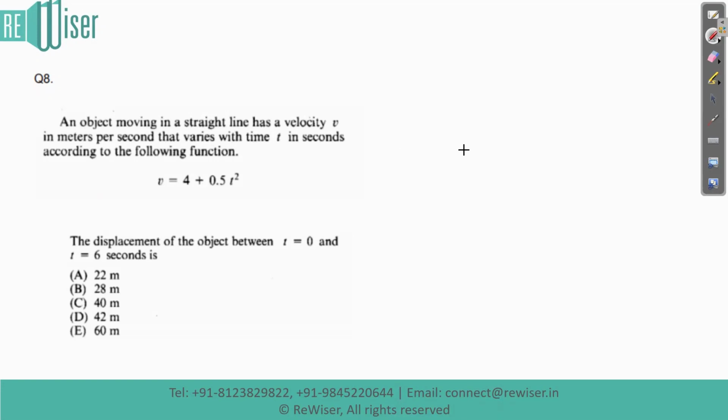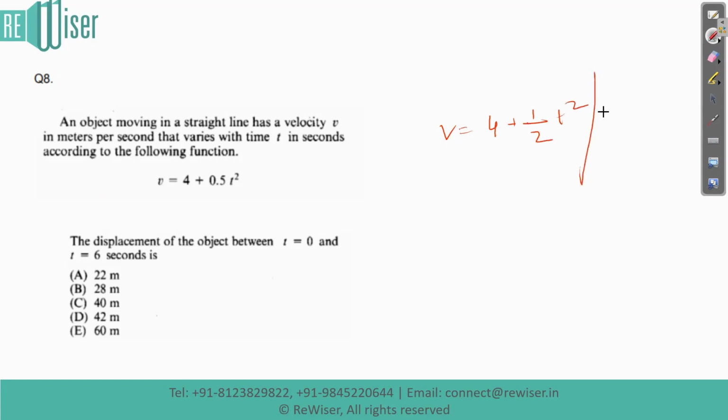Okay. So the velocity function is given as v = 4 + 0.5 t square. Let us write 0.5 as half, so v = 4 + half t square.